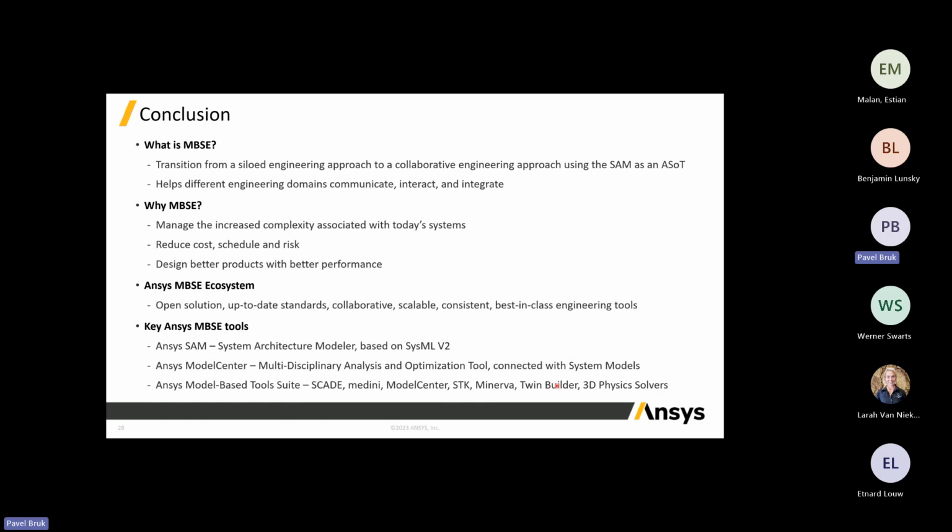So we need MBSE because we want to manage the increased complexity associated with today's very complex systems, cyber physical systems, and so on. We want to reduce cost. We want to reduce our time, and as the consequence, we are also reducing our risks. And of course, we want to design better products with better performance, quicker, faster.